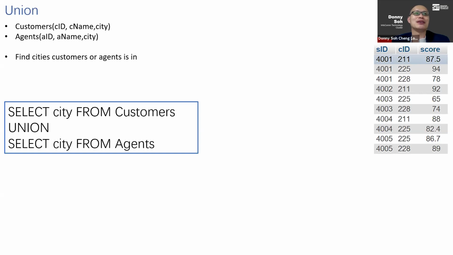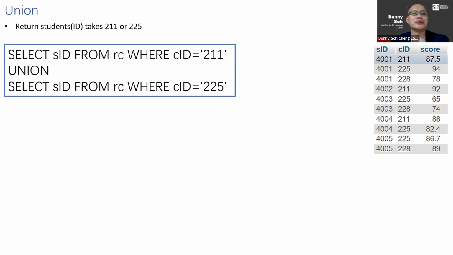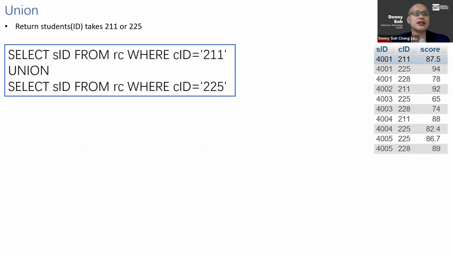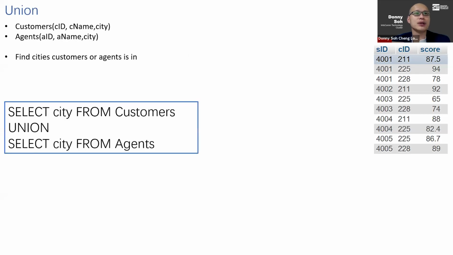What I do is select the city from customers, and then union it with the cities from the agents. It's about the same concept as what we did over here. The earlier one takes from the same table, which is RC. This one takes from different tables, one from customer, one from agent, but they are still able to be joined together.